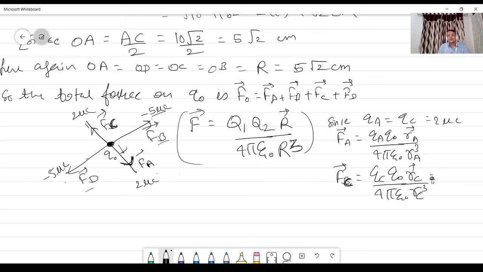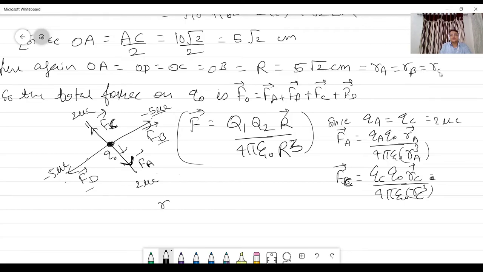It is very important for us to know the distance value, because the denominator factors ra cube and rc cube are nothing but the distance between the two point charges, which is given by this value, 5 root 2.